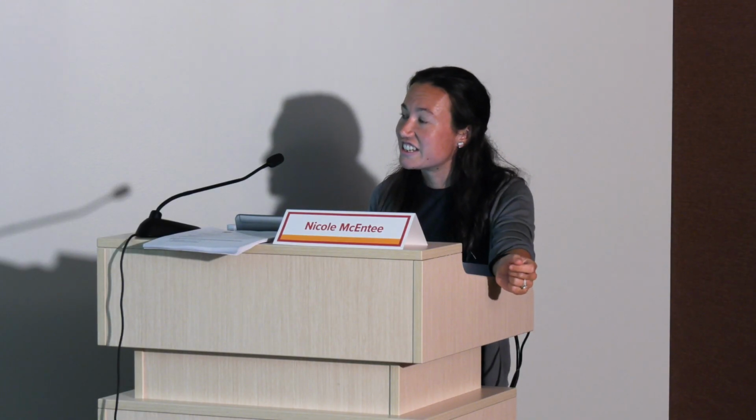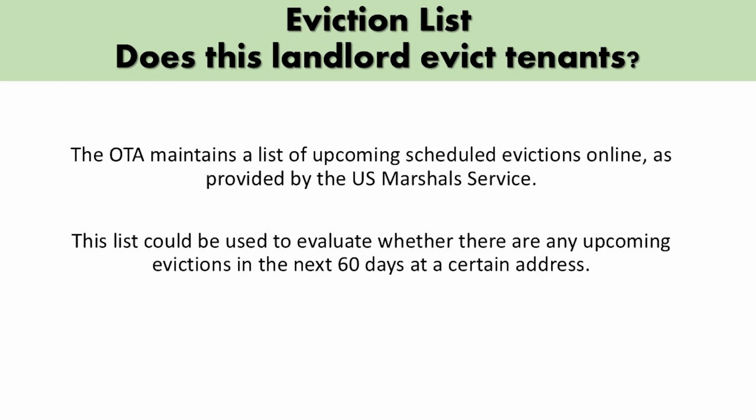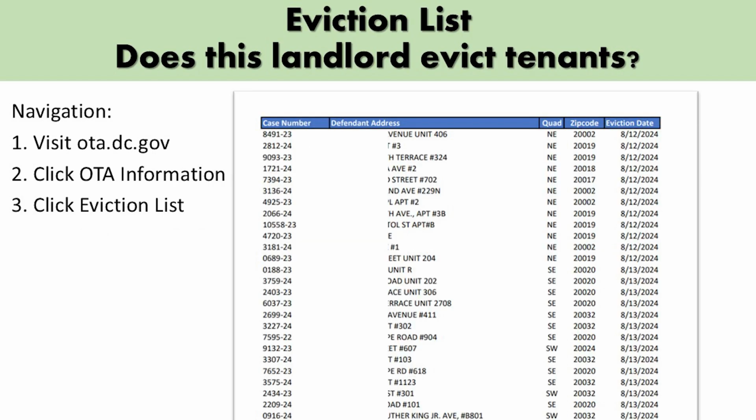Now, eviction lists. So this is useful if you're looking for a potential home and you'd want to find out, does this landlord evict tenants? Are they one of those landlords that is quick to send tenants to eviction court? And, do I want to live in a place like that? So the OTA, our office, maintains a list of upcoming scheduled evictions online.